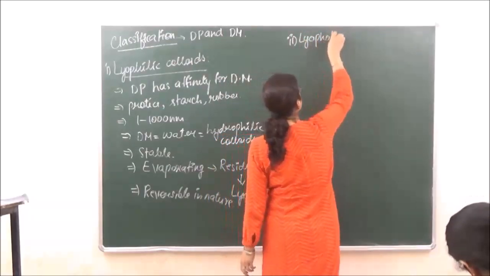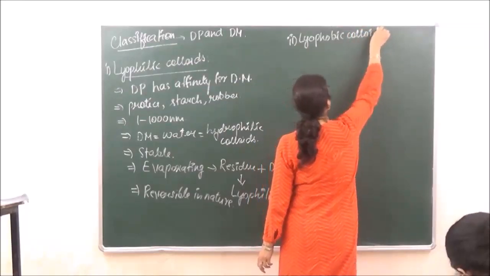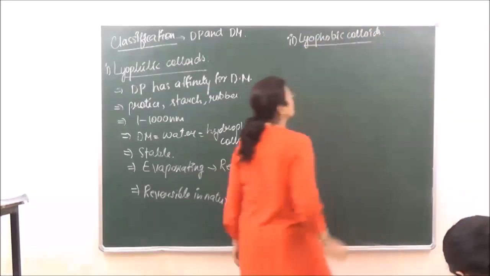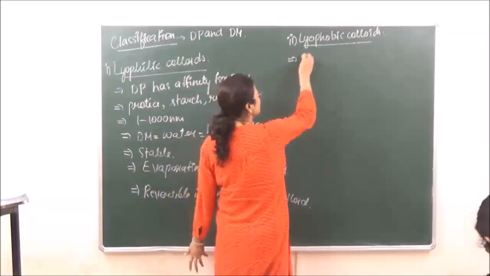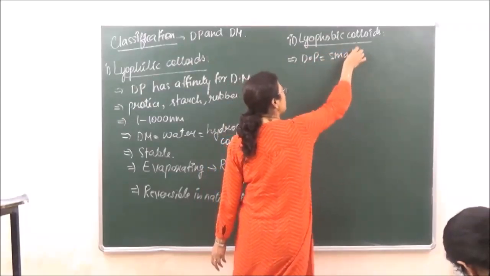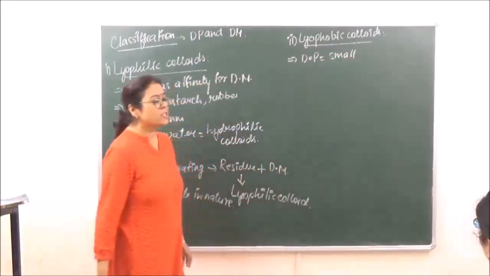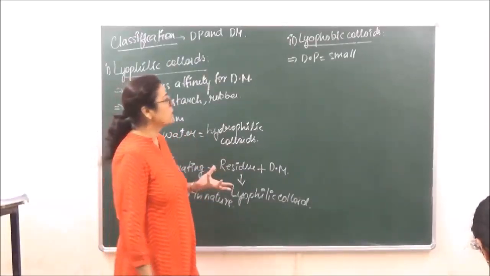lyophobic colloids. In lyophobic colloids, the particles of the dispersed phase are small in size. In fact, they do not come in the range of 1 to 1000 nanometers.